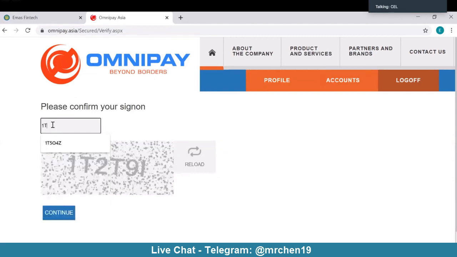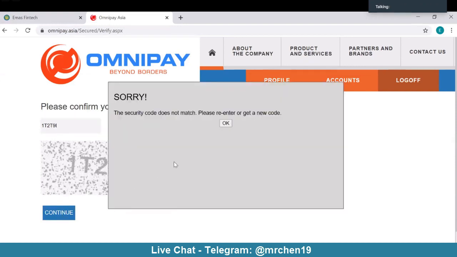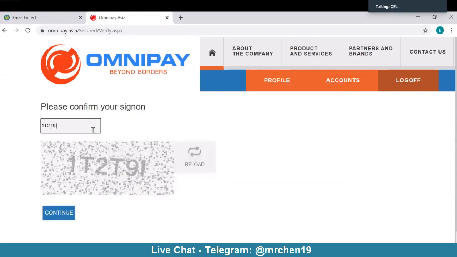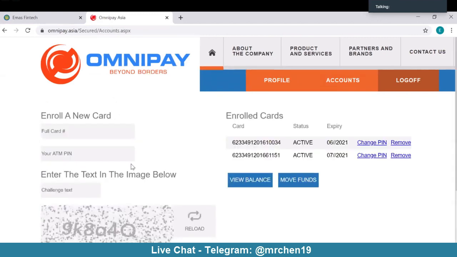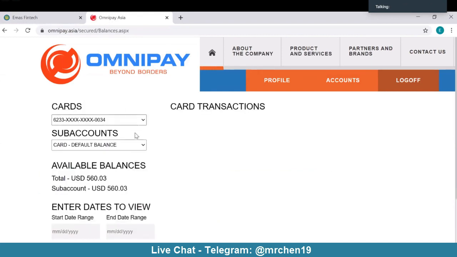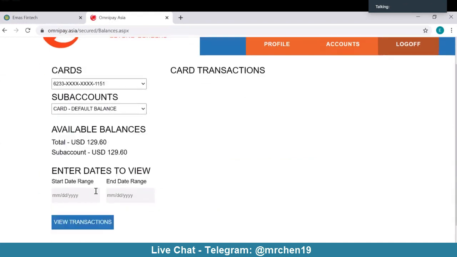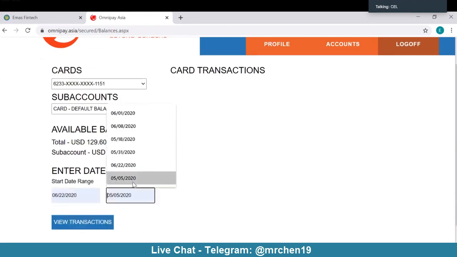Wait for a while, let me log in first. Today is 24th. No, 22nd. I withdrew on 22nd.